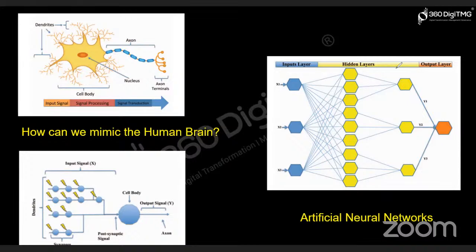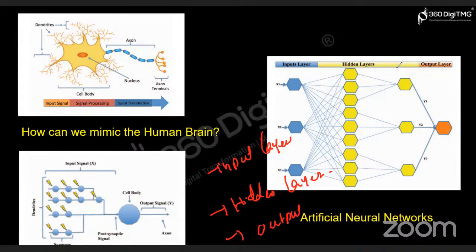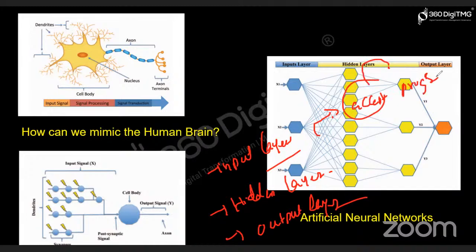Basically, in neural networks, we'll be having different layers, something like the input layer, one hidden layer, and the output layer. When it comes to the input layer, just like the name suggests, it accepts the inputs from the programmer, whoever is programming that neural network.